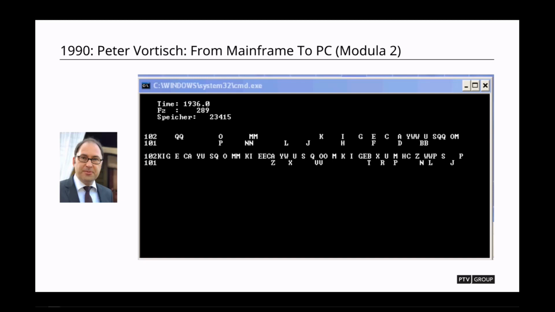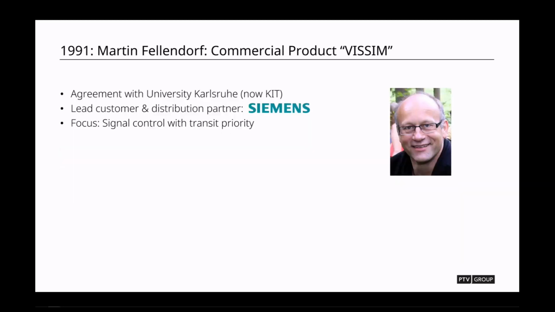Soon after that, Martin Fellendorf, who had also finished his PhD at the KIT then, went to PTV as well, like most of the people from that institute at that time. He brought with him the source code for Mission, and an agreement that PTV may build a commercial product starting from that source code.